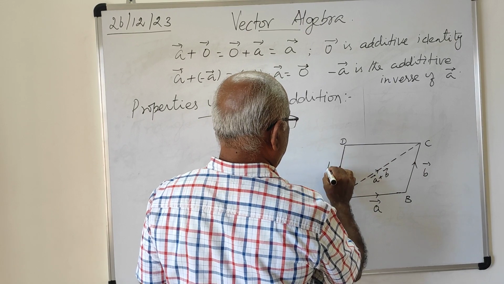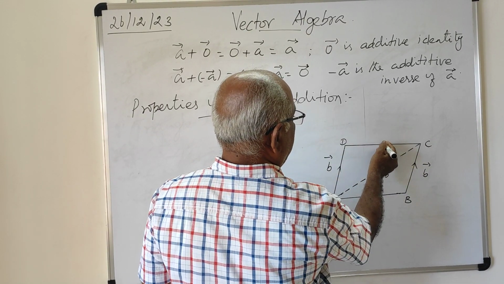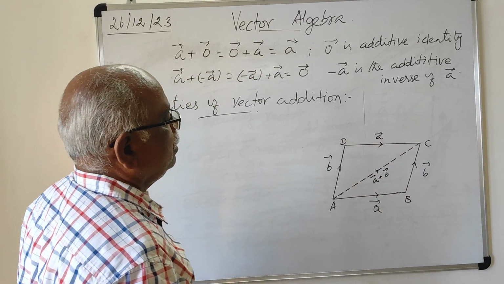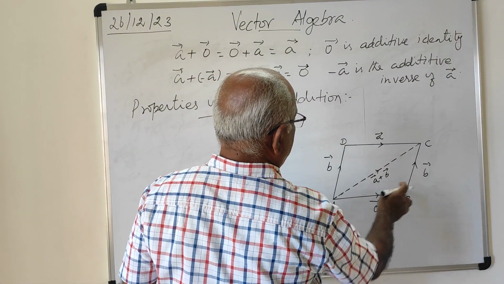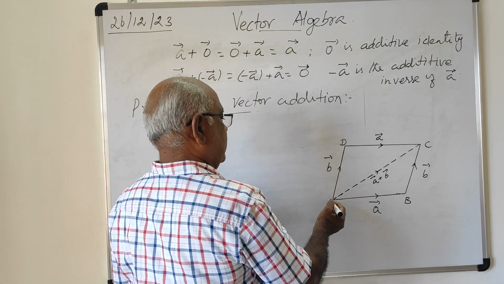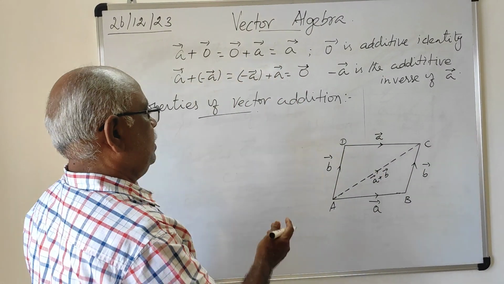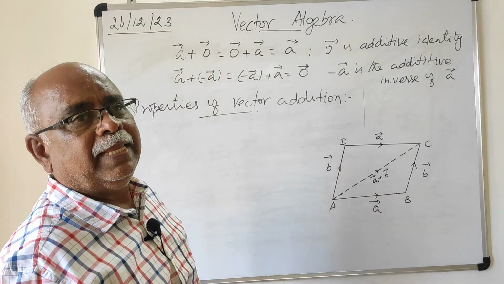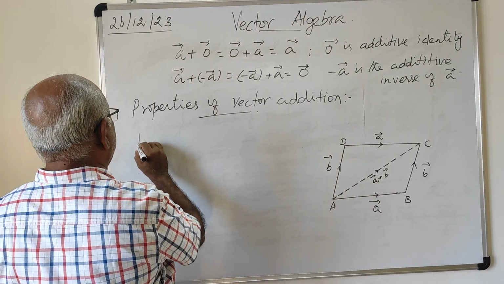Therefore this side is B vector, and DC is parallel to A vector, therefore this is again A vector. So if A vector and B vector are two adjacent sides of a parallelogram, then their sum is the diagonal of the parallelogram, AC. This is called the parallelogram law.